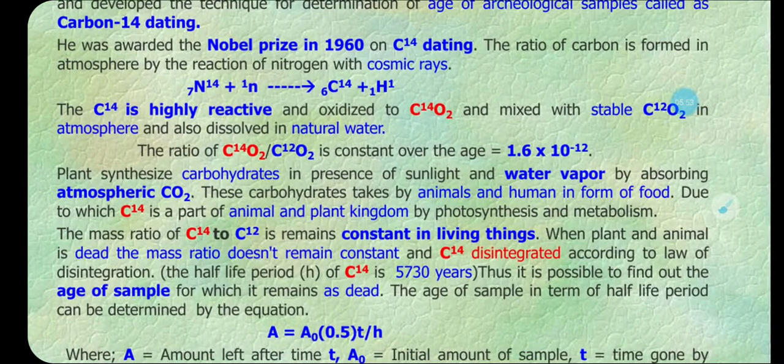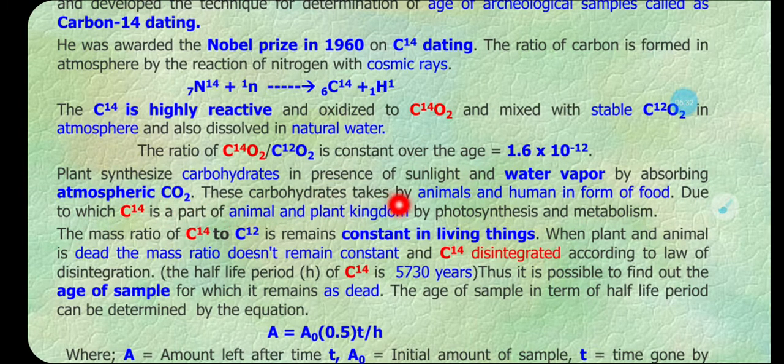The ratio of radioisotopic CO2, that is radioactive CO2, to stable CO2 is constant over the age, equal to 1.6 into 10 raised to 12. So this ratio will be constant. We know the plant synthesizes the carbohydrate in presence of sunlight and water vapor by absorbing atmospheric CO2.